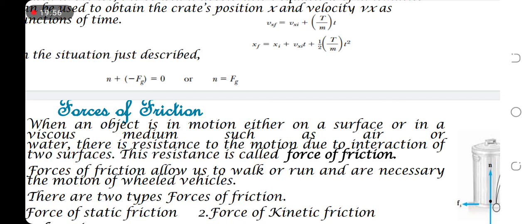There is a resistance to the motion due to the interaction of the two surfaces. This resistance is generally named as force of friction.